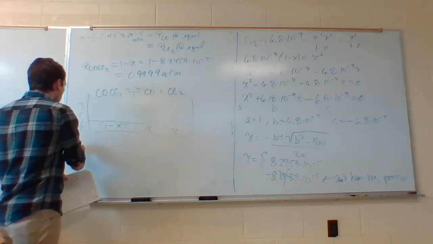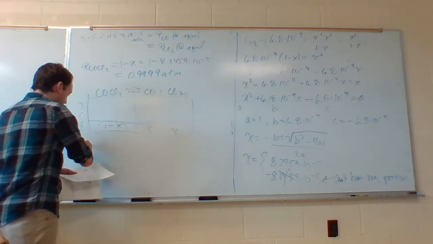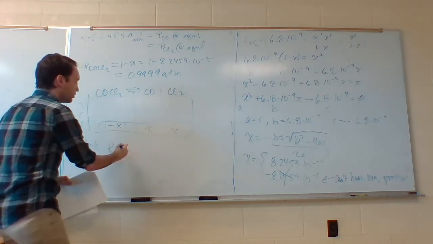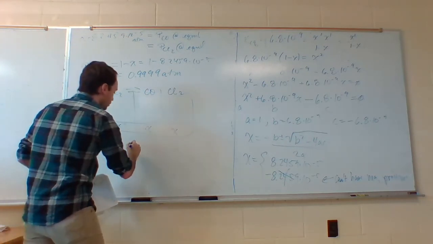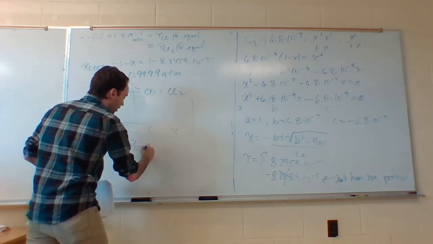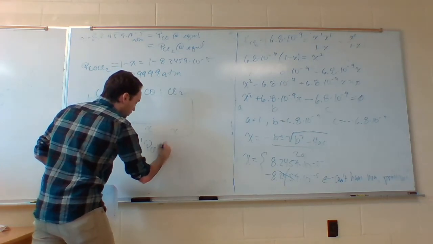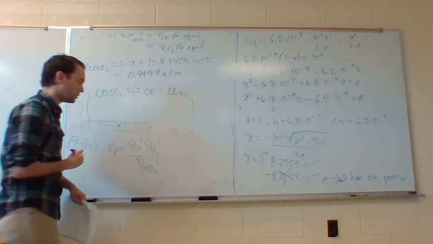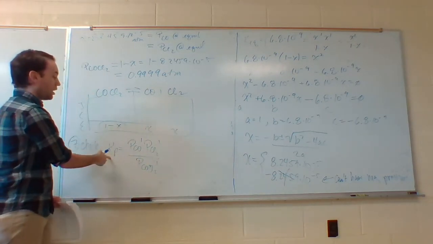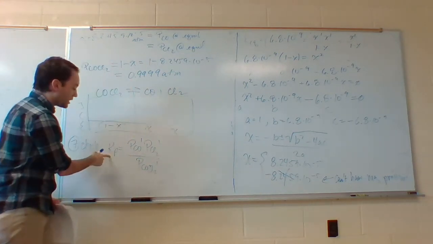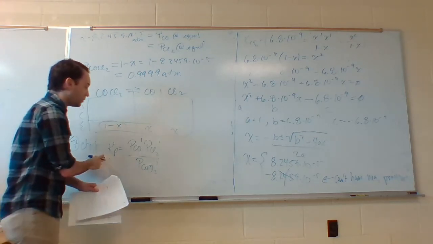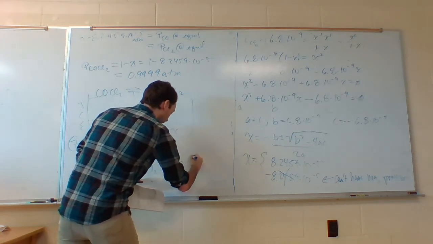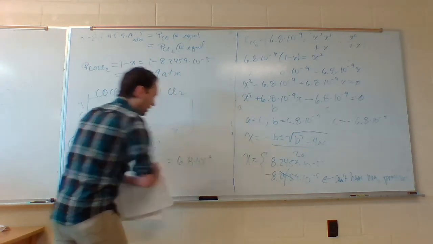The last step, step 7, would always be to check that you get your Kp. So all you would do is plug in those values of partial pressure, where we have PCO to the first, PCl2 to the first over PCOCl2 to the first. Hopefully, if you plugged in those 3 values, that would give you the value of Kp, which was equal to 6.8 times 10 to the negative 9.